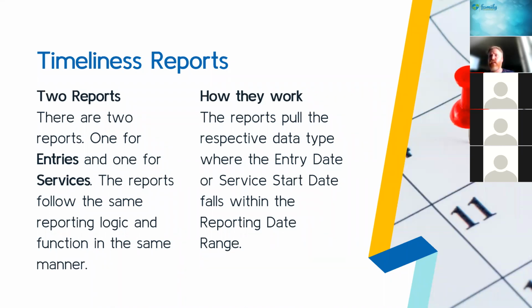Like with completeness, for timeliness there are two different types of reports, one for entries and one for services. They follow the same basic reporting logic as each other, measuring from that entry date to the system clock, or from that service start to the system clock. What they do is pull the data for any entry or service where the start date falls within the reporting window.